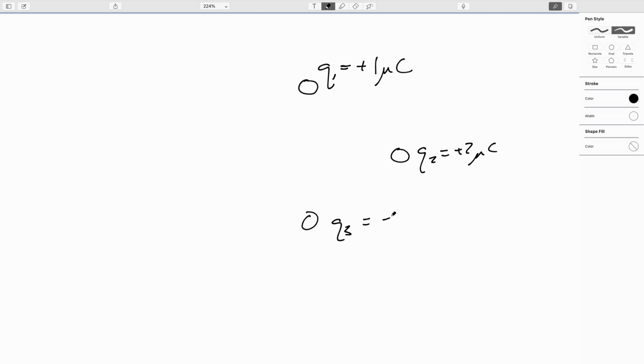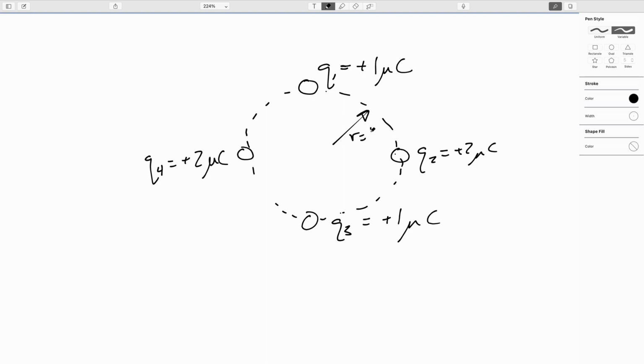Q3 is 1 microcoulomb there, and then finally Q4 is plus 2 microcoulombs here. And again, let's say that they are sitting on a circle of radius 1 millimeter. And what I want to know is what is the voltage right at the center of the circle.